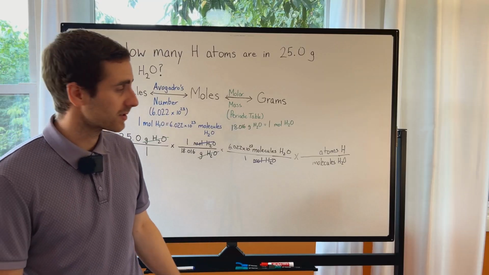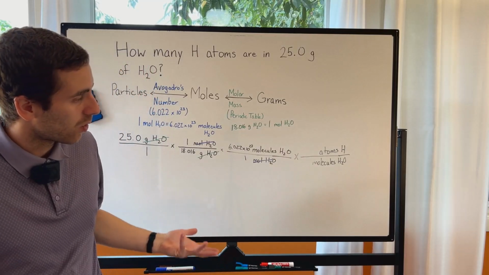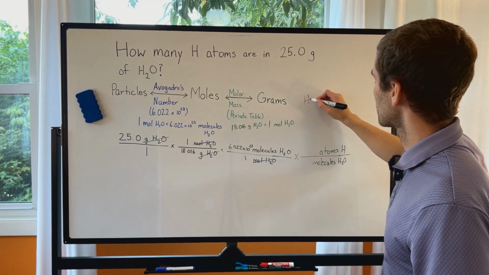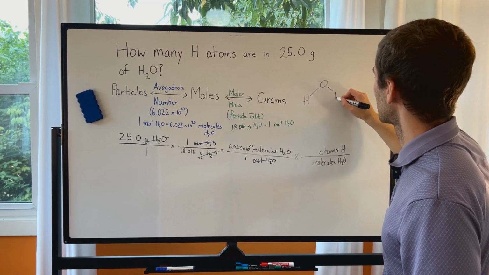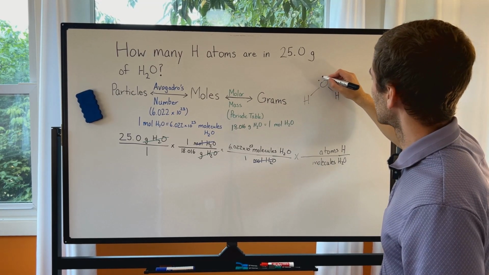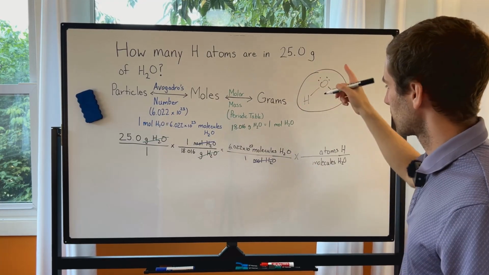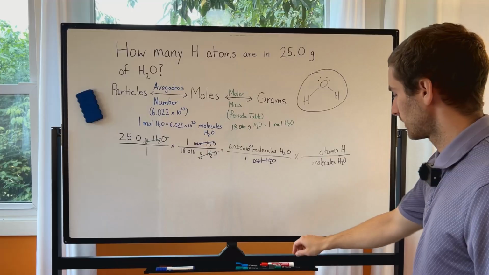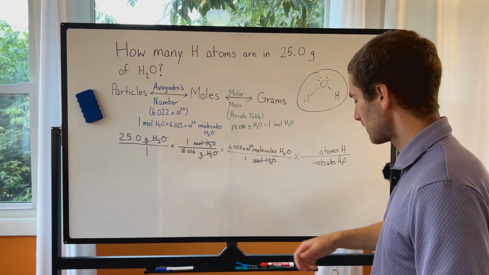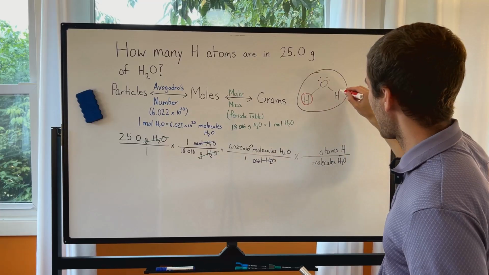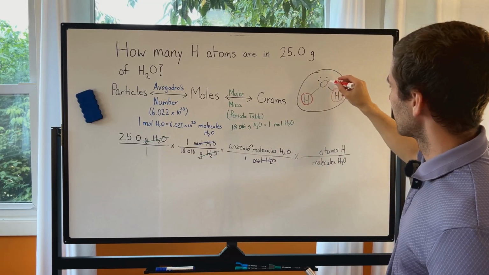Well, it turns out there is, because a water molecule just looks like this. So this whole thing is the molecule. These individual parts are your atoms. And even this is an atom.